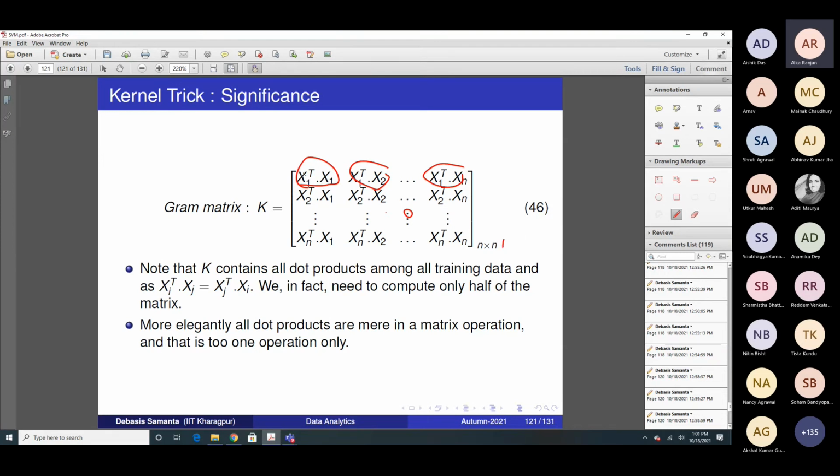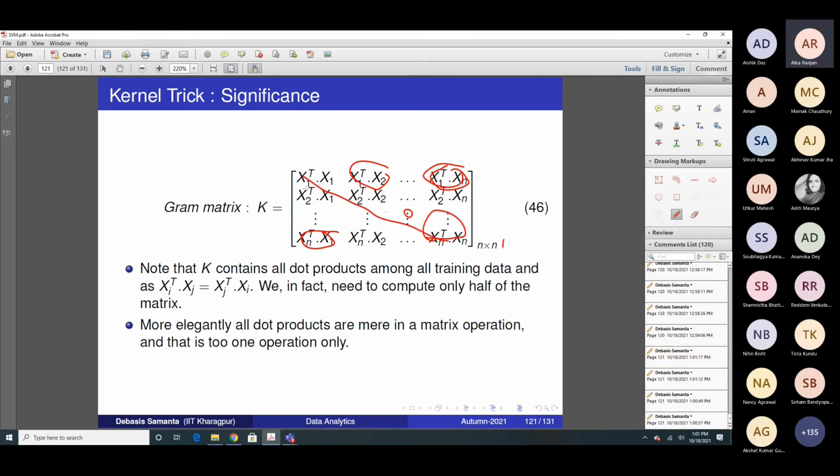And further you can see, if this n cross n is the total dot product, actually it is not required. Only half of this is required, because this and this are the mirror image of each other. So only this portion of the calculation is required.